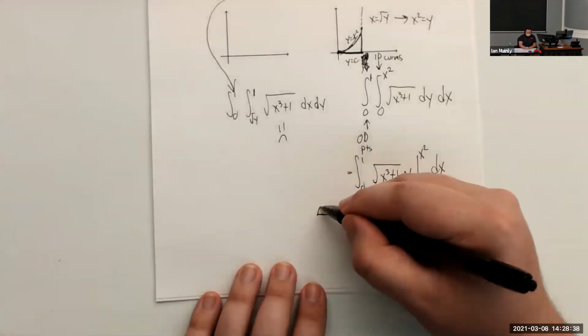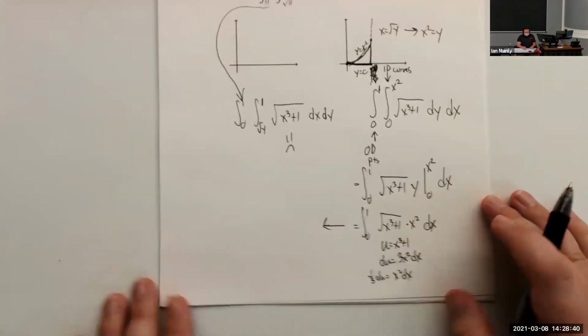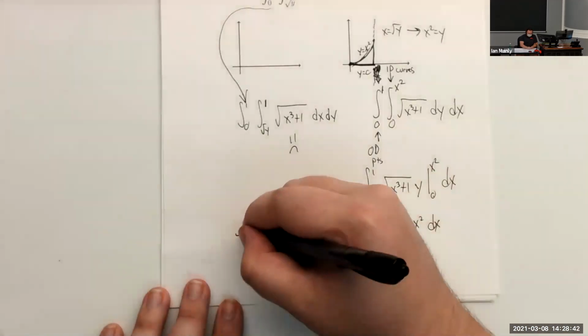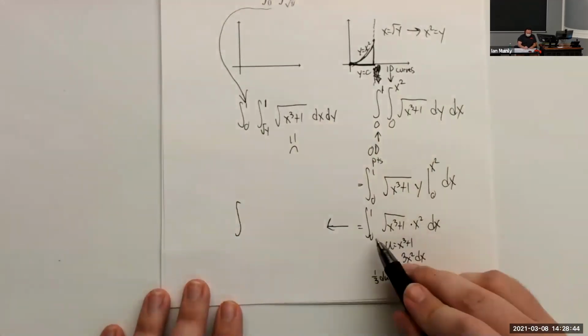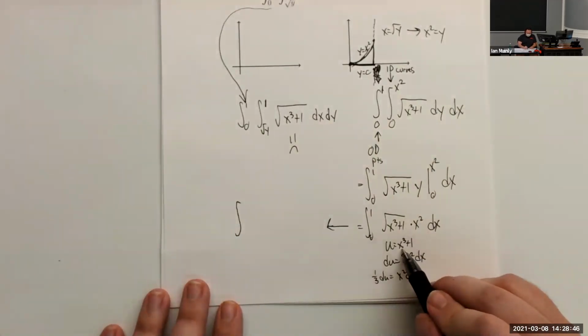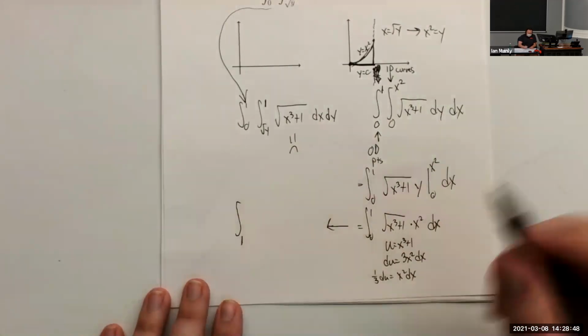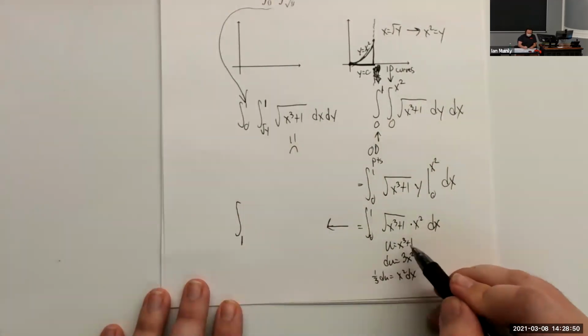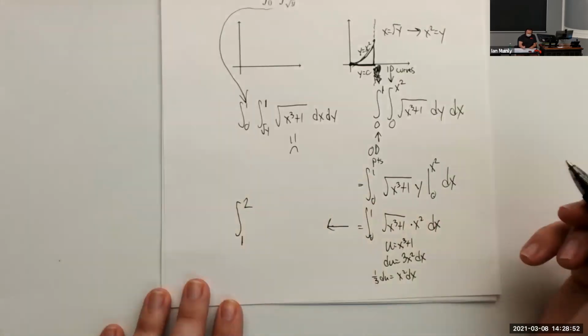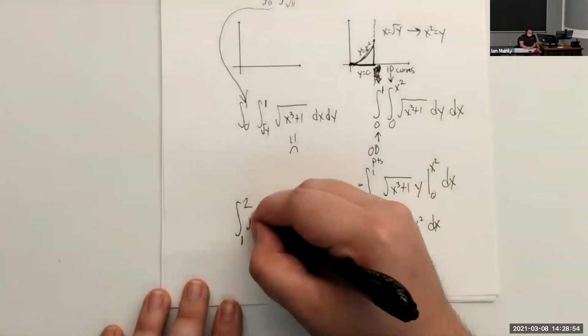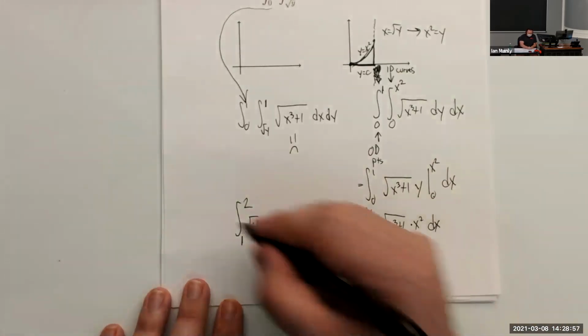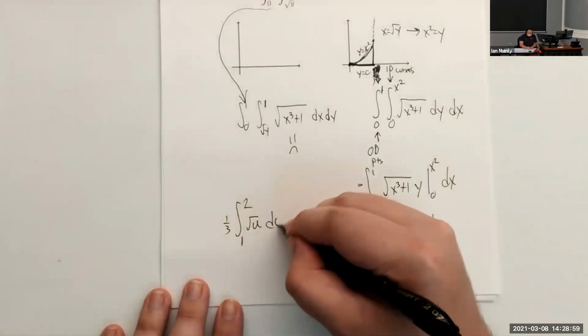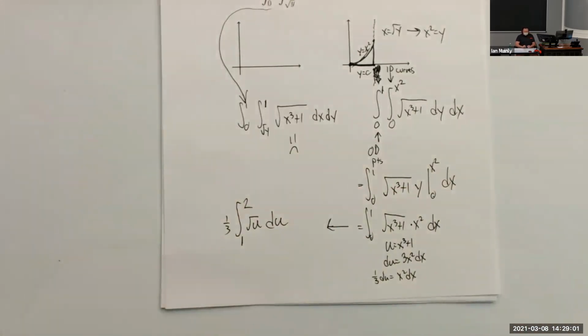I'm going to work right to left because I'm running out of room here. So what will my new bounds be? If I put 0 into here, I get 1. If I put 1 into here, I have 1 cubed plus 1, which is 2. And then I'm going to have square root of u, and then 1/3 du right here.